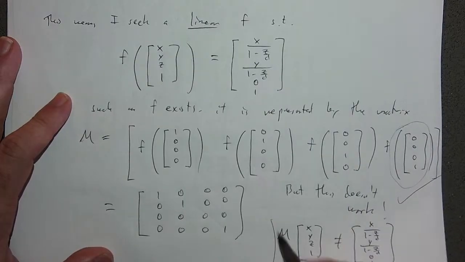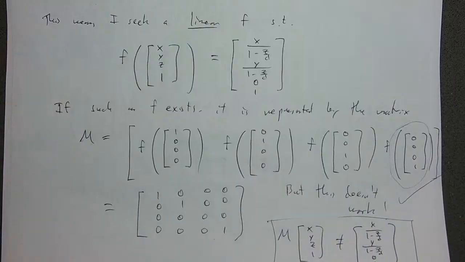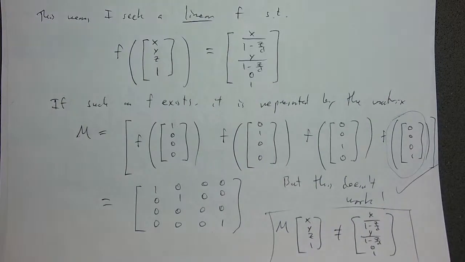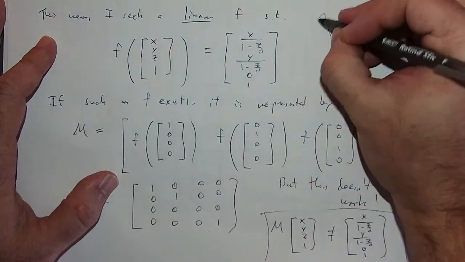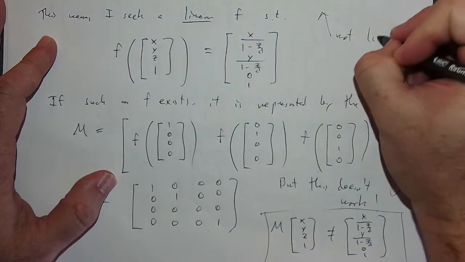These two things are not equal. So it doesn't actually do the thing that we claim that it does, which is the thing we always have to check when we're checking what the matrix for that transformation is. So this function f is not linear. This is not a linear transformation.